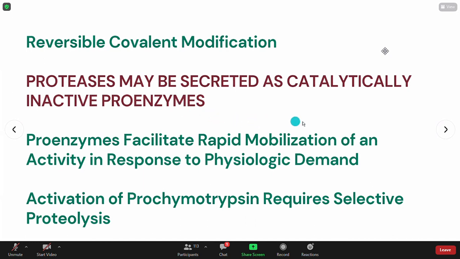So they cannot be digested. While if these enzymes were activated within the pancreas itself, where it is created or synthesized, then they are going to eat up the pancreas. And you will have pancreatitis, acute pancreatitis.